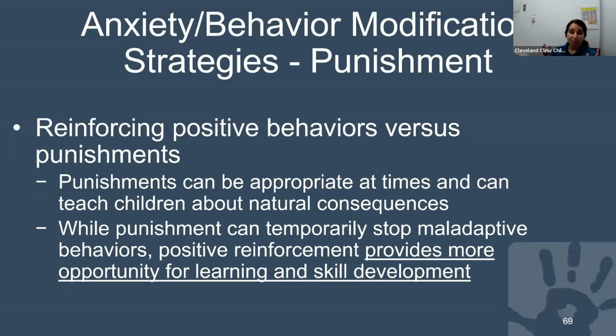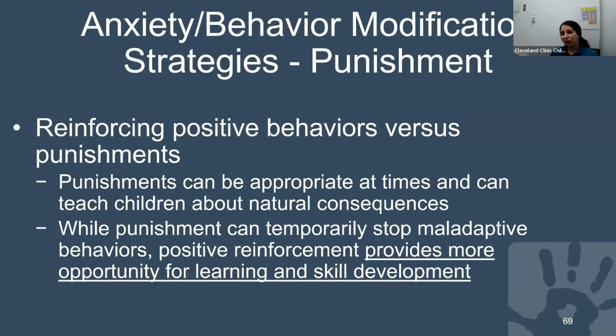They can help, but the key thing though is that research has found that positive reinforcement tends to be more beneficial as it provides more opportunity for the kiddo to learn and grow their skills, their social emotional skills, their coping skills. So even though this can be an option of a way to get a kiddo to stop hitting, they go to timeout, a lot of times using positive reinforcement, let's say the next time a kiddo uses their words instead of hitting, and really praising them and reinforcing them.